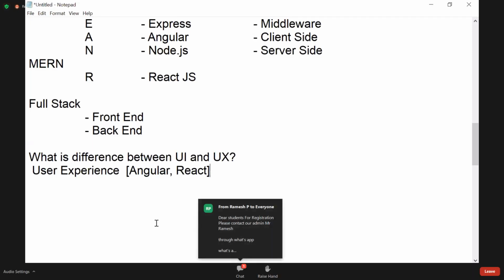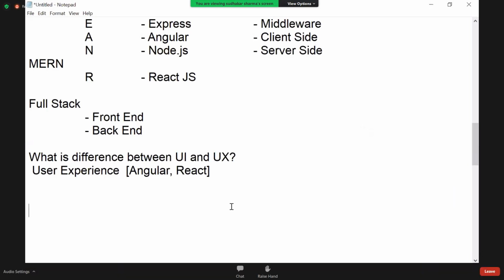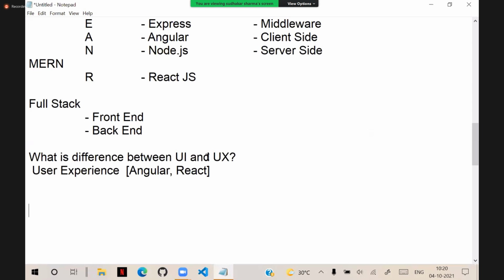So in our current course, are we going to discuss both UI and UX? We are not going to discuss UX completely. I will give you an introduction to UX. That introduction is enough. Later you can learn Angular or React like technologies.